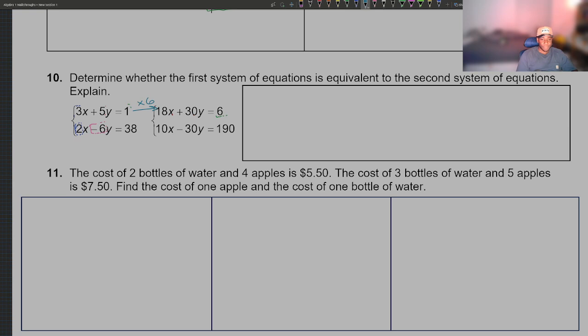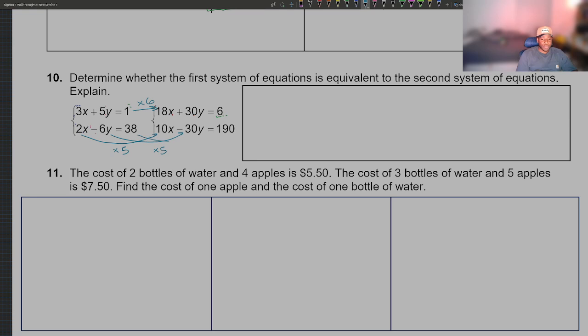Let's look at the bottom one, and see if we can notice a similar thing going on here. From 2x to 10x, that's multiplying by 5. From -6y to -30y, that's also multiplying by 5.